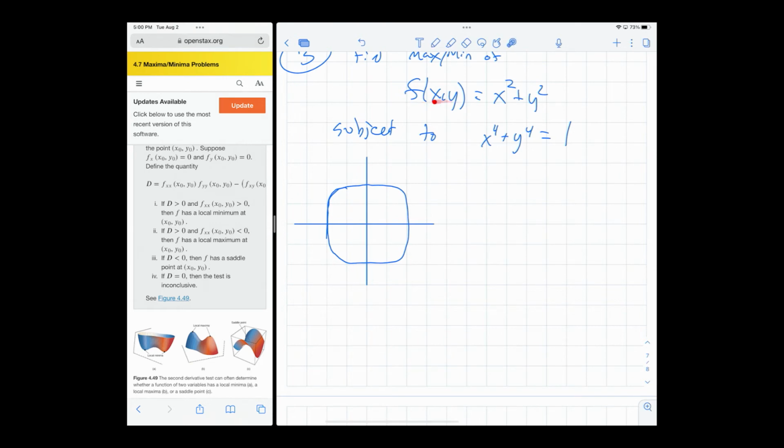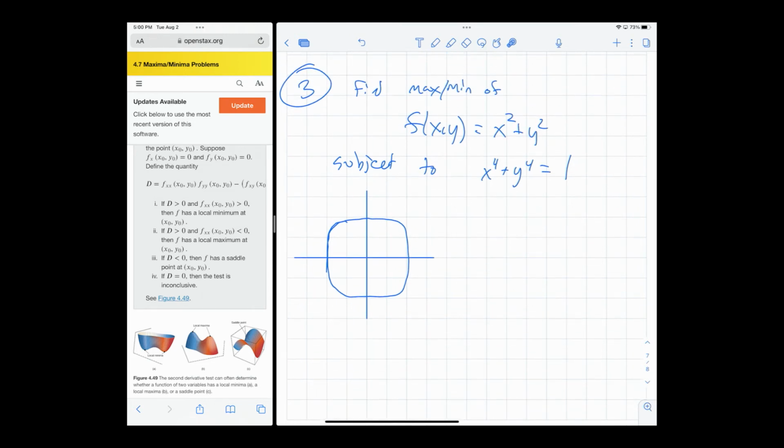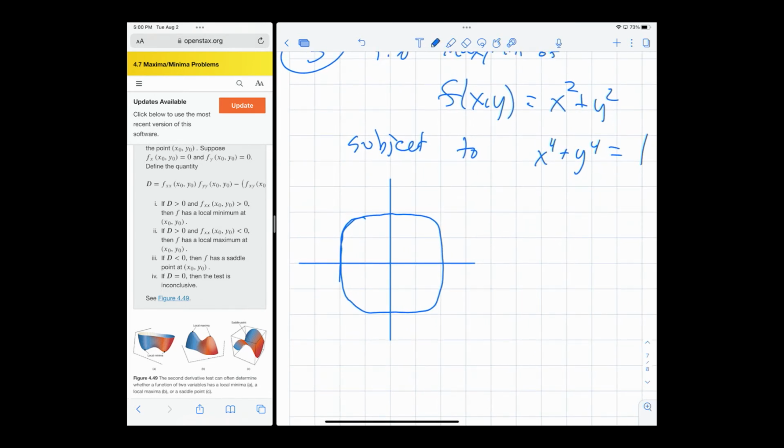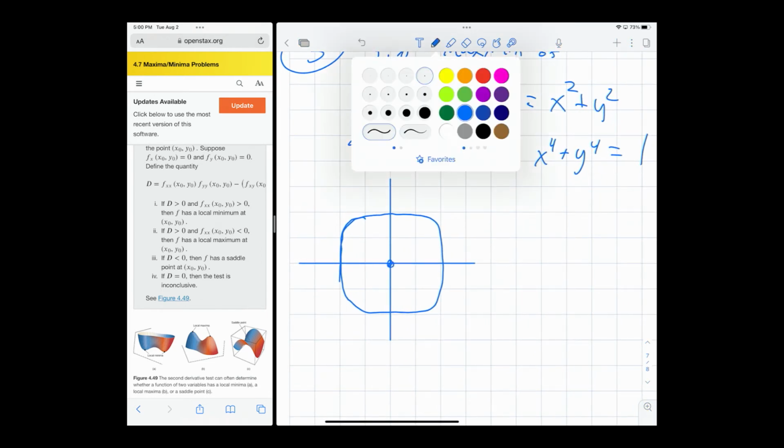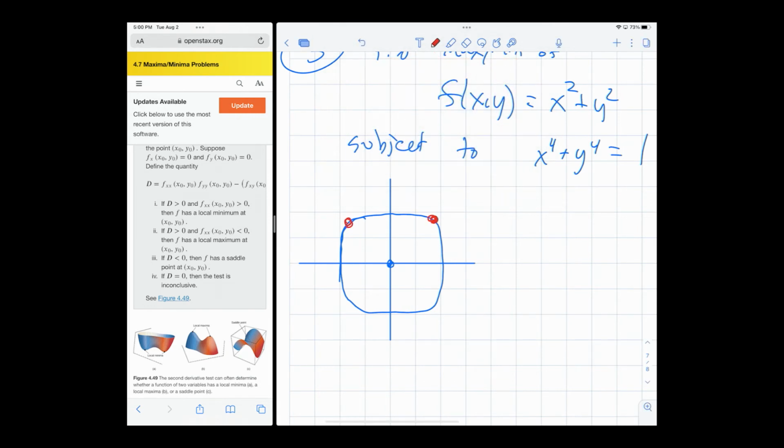And we're supposed to be finding the maximum of this function. Now, you might recognize this as just the distance from the origin, or the distance squared from the origin. So basically, the further away you get from 0, 0, the bigger this function is going to get. So the furthest away you can get from 0, 0 here is here and here and here and here, and that's going to be a max and a max and a max and a max.